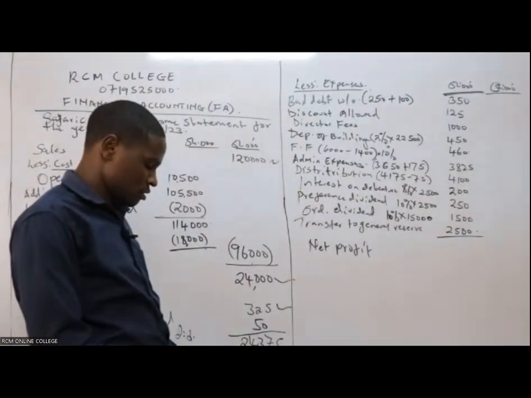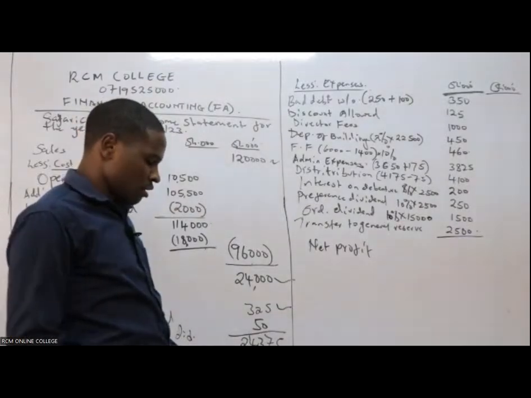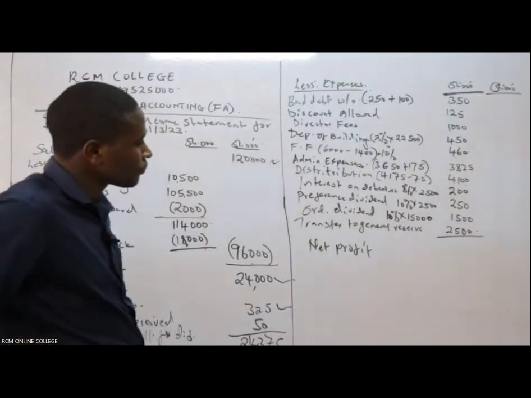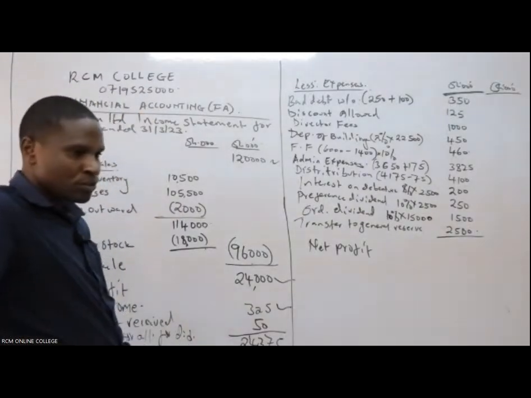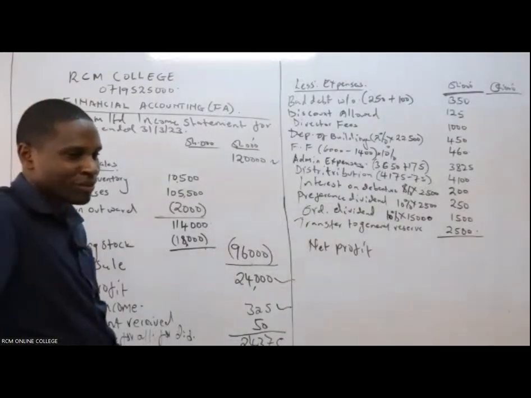Plus 460 plus 450 plus 3825 plus 4100 plus 200 plus 250 to go almost there, plus 1,500 which we were leaving out, plus 2,500. I'm getting 15 to 10. Now you people, you are not giving me your figure there.